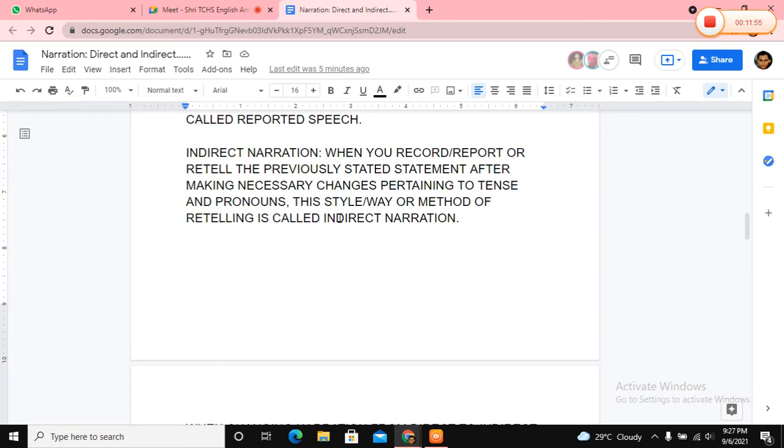When you record, report or retell the previously stated statement after making necessary changes pertaining to tense and pronouns, this style, way or method of retelling is called indirect narration.